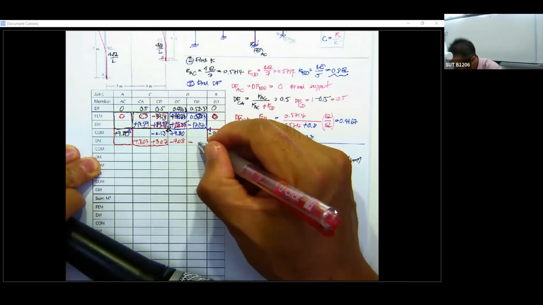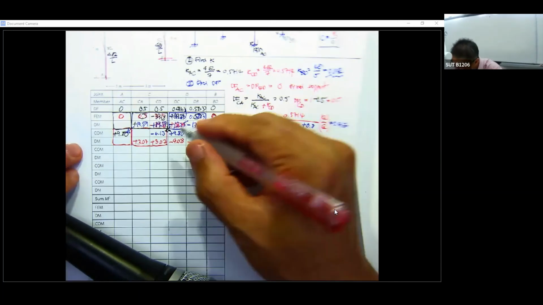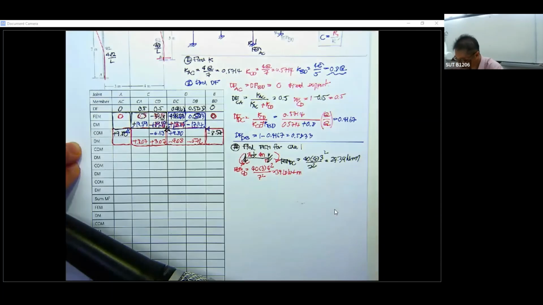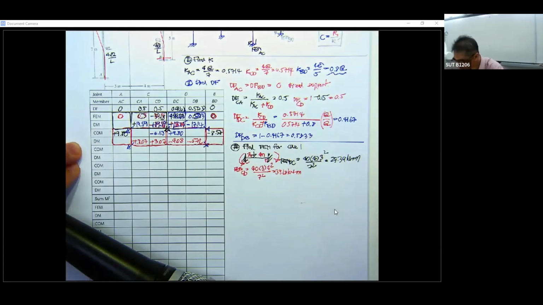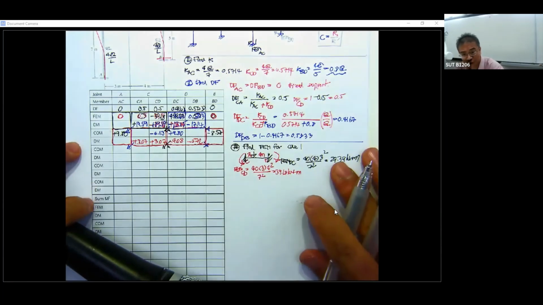This one minus 5.72. And then it's in equilibrium, and then you do the same thing as before. You go to this one. Carry over moment. Do the same computation until you finish it.